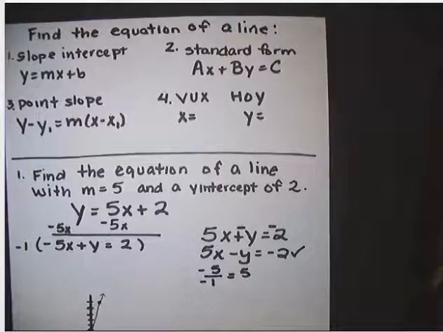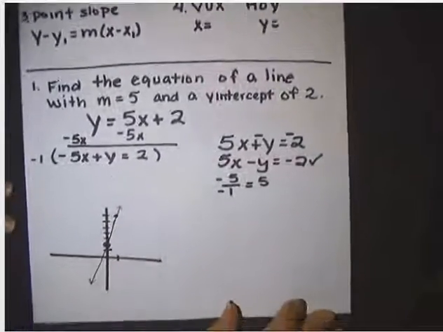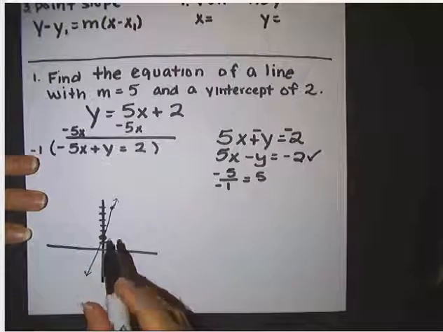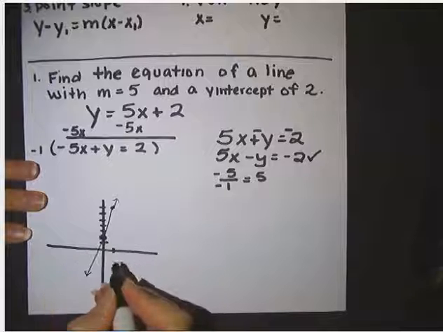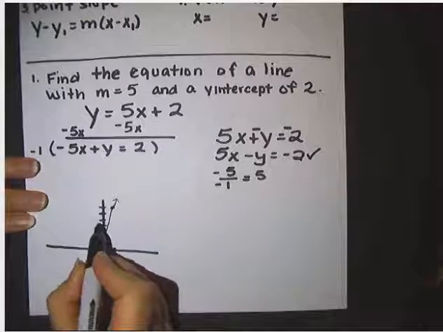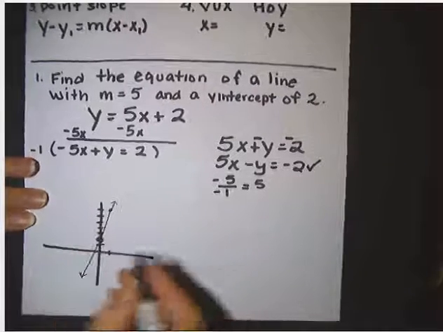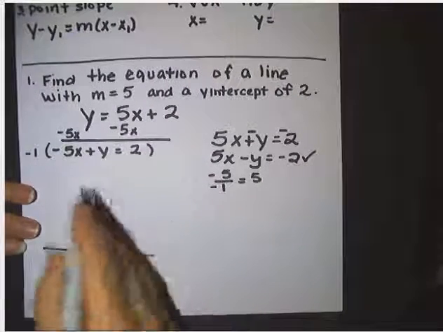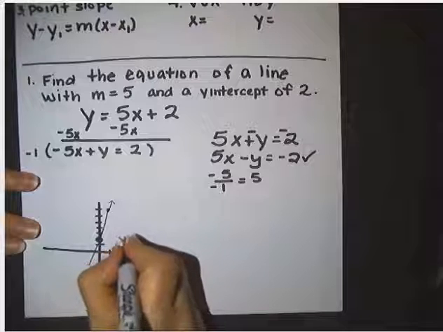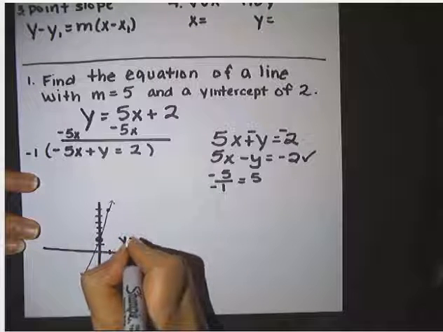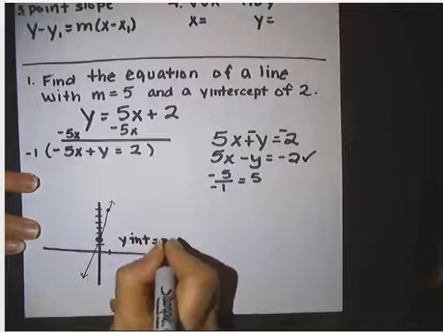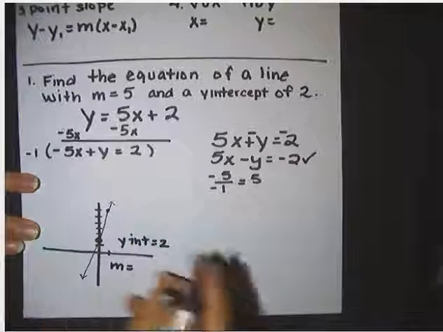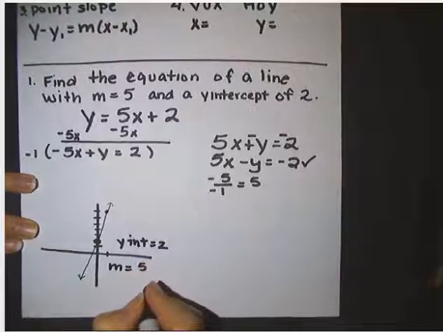Now I want to point out, sometimes you'll have the same problem, but I'll give you a graph first. So in this graph, look, you have a y-intercept of 2 and a slope 1, 2, 3, 4, 5 over 1. So if you see a line and you see the y-intercept, again, you want to write out, okay, my y-intercept is 2, my slope, count, is up 5 over 1, and then put it in y equals mx plus b.